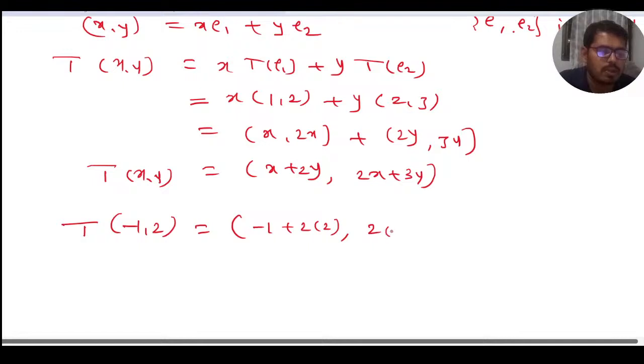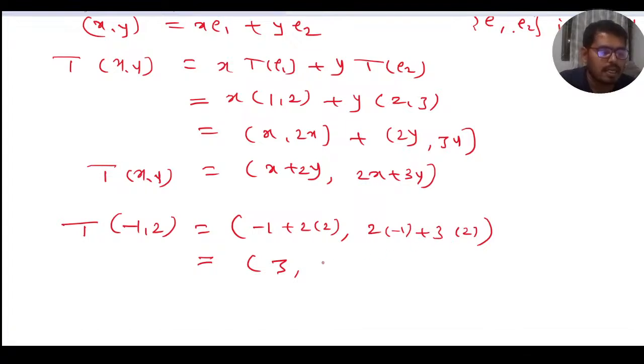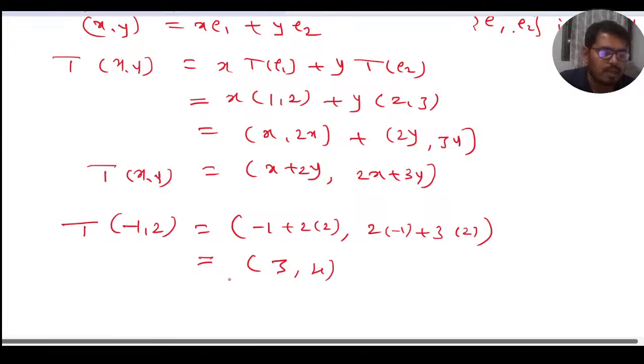The second is 2 into -1 plus 3 into 2. Then simplify it: -1 plus 4 is 3, and -2 plus 6 is 4. Here we get the direct answer: T(-1, 2) is also (3, 4).